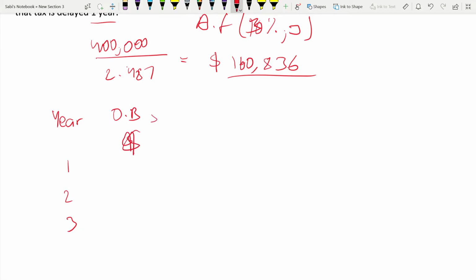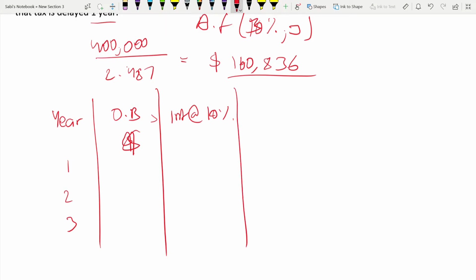Then we have the interest on that at 10%. I will make columns for you, this is easier. Then we have the repayment. Then we have the closing balance, CB. All these are in dollars.